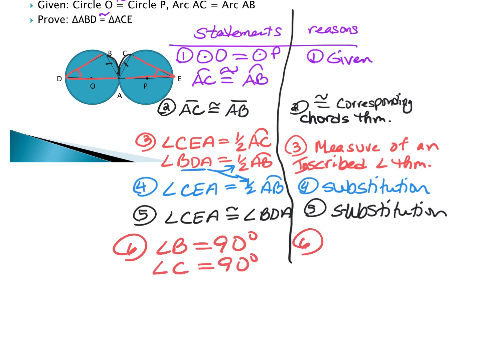And my reason is the inscribed right triangle theorem. Because these triangles are inscribed in a semicircle, and that forms a 90-degree inscribed angle.